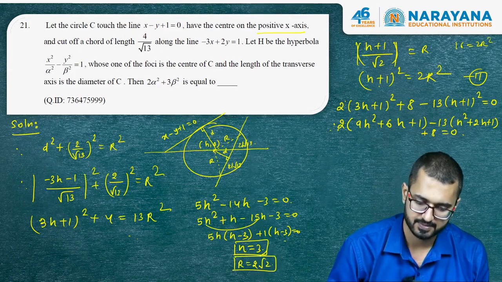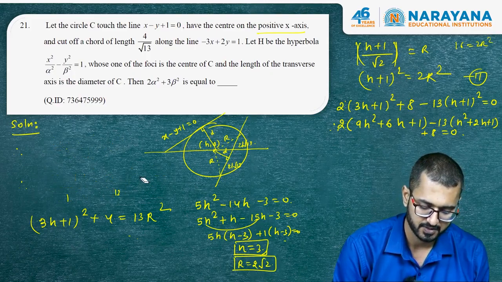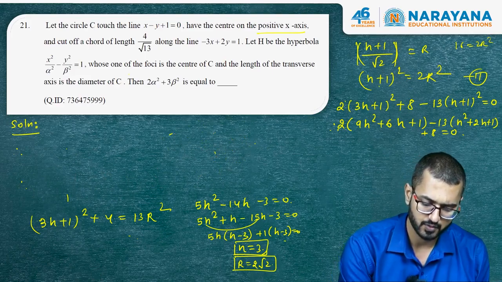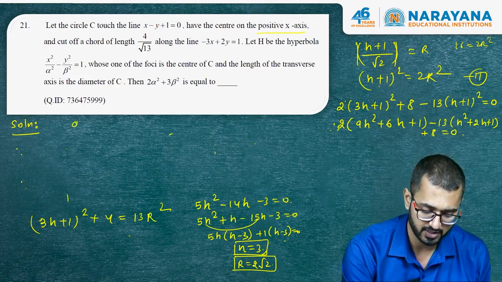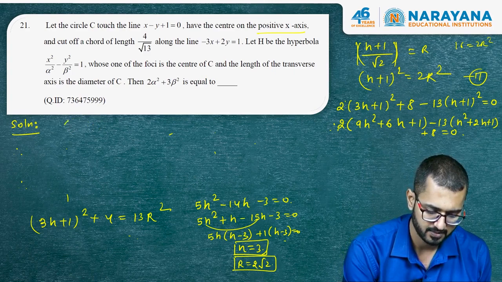Now after this, coming to the next part. So the next part will now start from here. The next part is basically saying there is a hyperbola whose one of the foci is... So the foci of the hyperbola is what basically? It's (αe, 0), right? It's on the x-axis only.